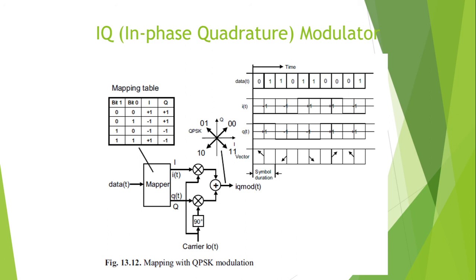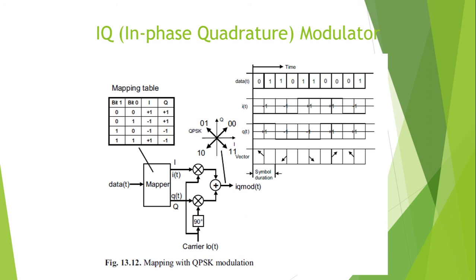So we can say in this case I of t and Q of t have half the data rate of data of t. I of t and Q of t in turn modulate the carrier signal, and in the case of QPSK, switch it only in phase. There are 4 possible constellation points for IQ mod of t: 45 degrees, 135 degrees, 225 degrees and 315 degrees.